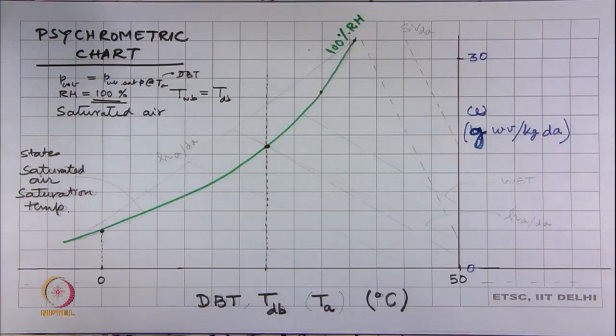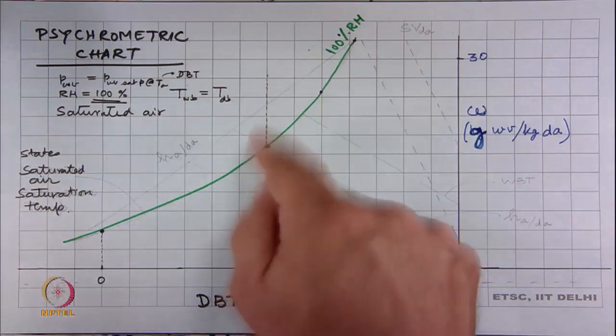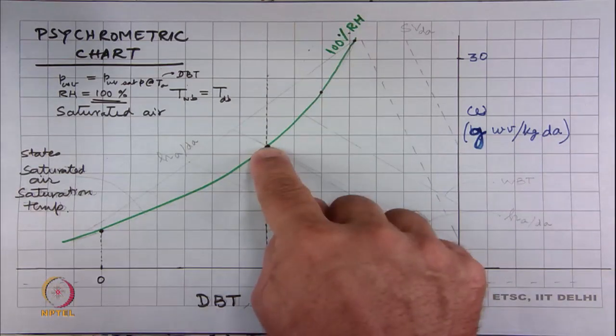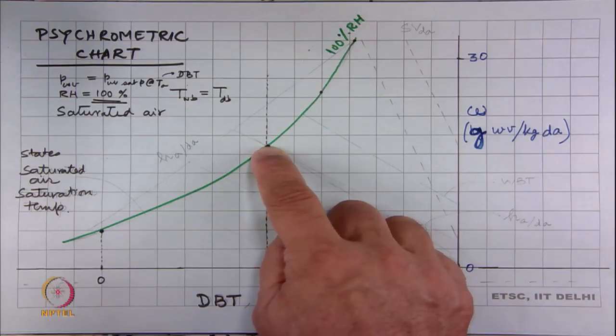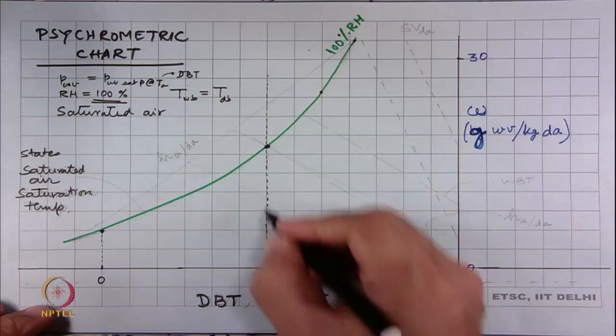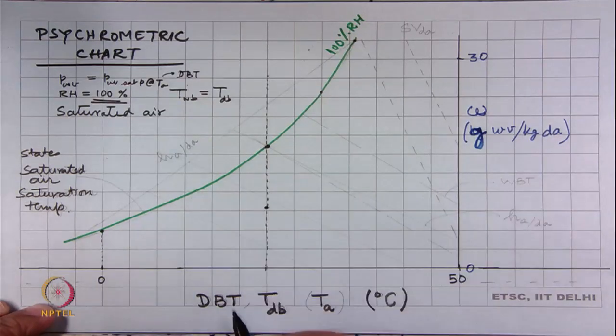So, that is one thing we got. Now, we can do another thing. We said, well, look, we will do the same thing, but now that we know what is 100% relative humidity, I can calculate and say what is the value of omega for 50% relative humidity. So, if you do that, we will get some state over there.